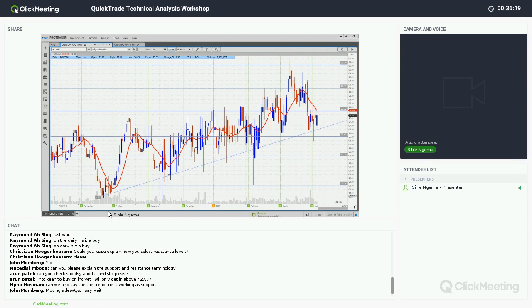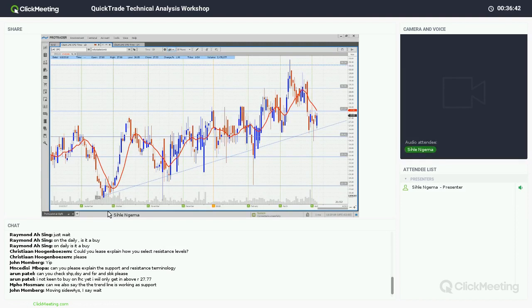I agree with you. You can actually go in based on the trend line, but it's very important to be patient and very conservative in your trading. Maybe wait for 27.77, wait for the price to cross above the moving average. Once you see that, then you can go in and take a long.